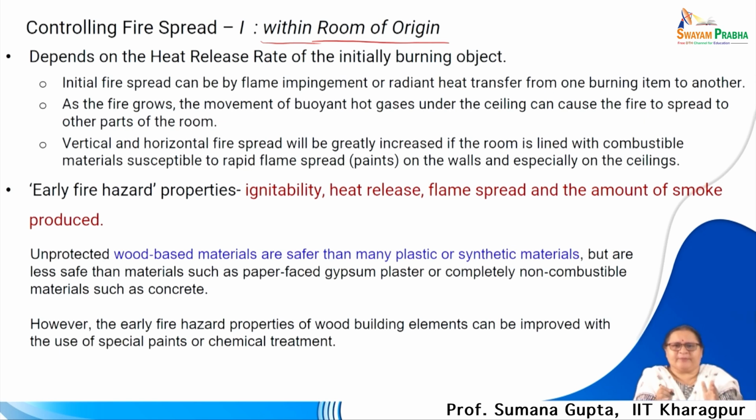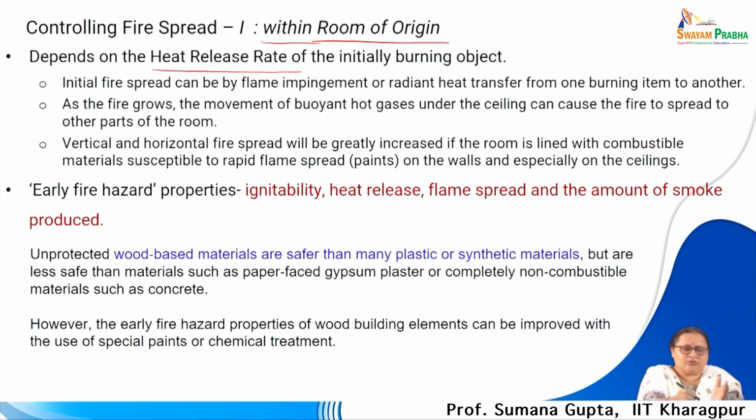The material which is on fire, we have already discussed in the very first two modules, the heat release rate of the material is very important. So, what is burning? What is the rate of heat being released by the material? And that is how you can assess whether you can keep the fire within its room of origin.